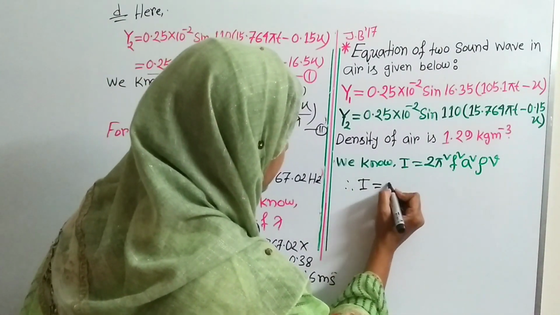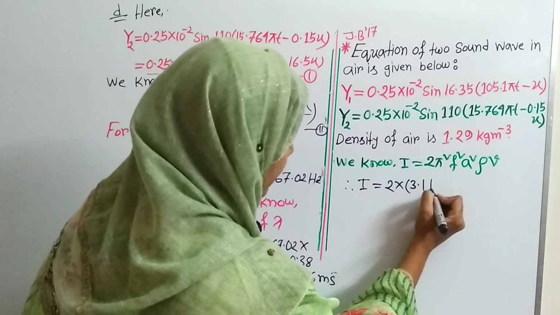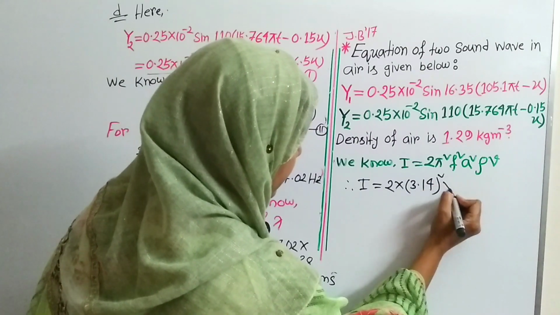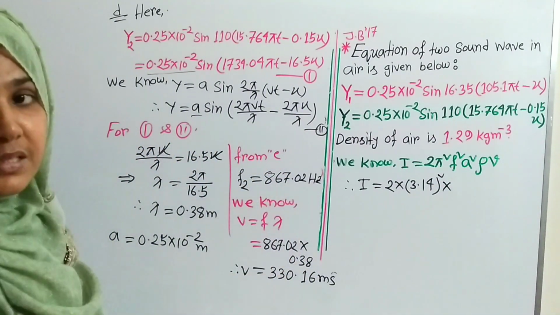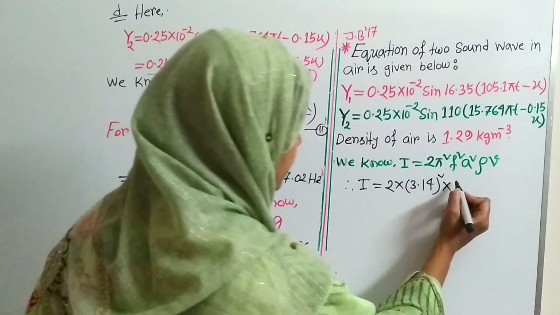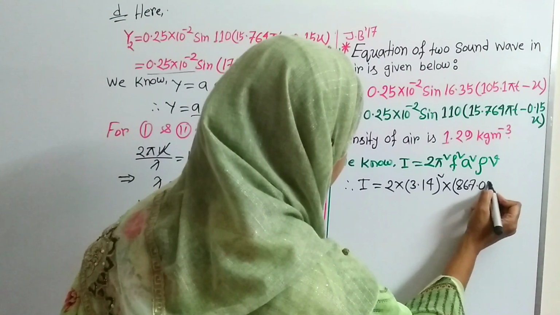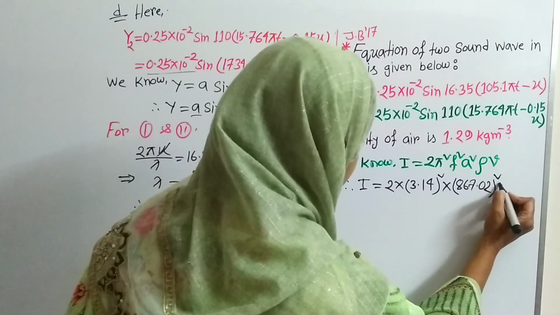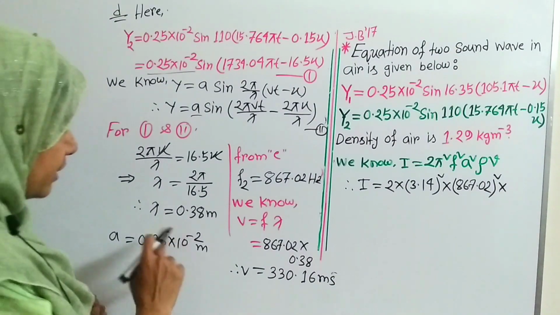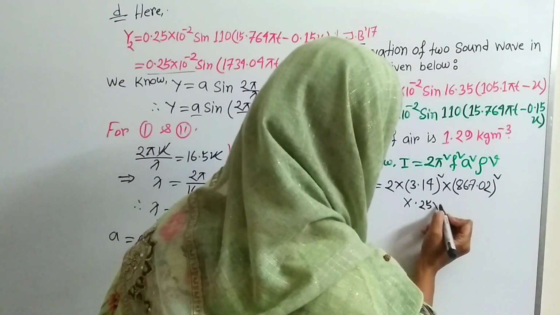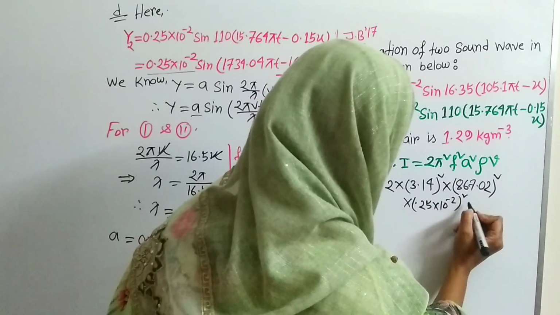Now 2 into pi means 3.14 whole square into f. The value of f is 867.02, whole square. Now the value of A is 0.25 into 10 inverse 2, whole square.